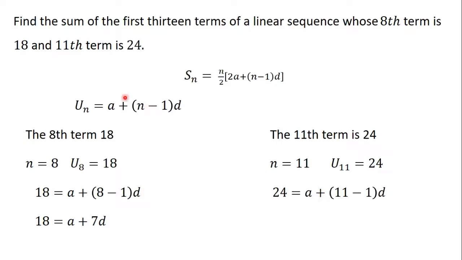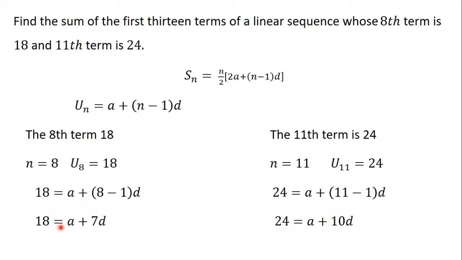So from the formula, U11 is equal to a plus 11 minus 1 times d. But we already know that U11 is equal to 24. So we can say that 24 is equal to a plus 11 minus 1 times d. 11 minus 1 is 10. So we have 24 is equal to a plus 10d.